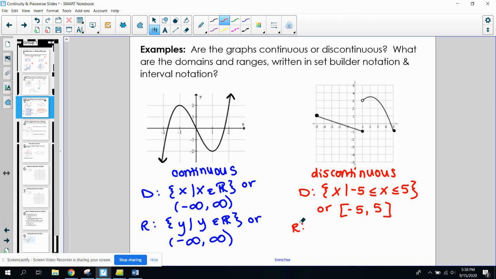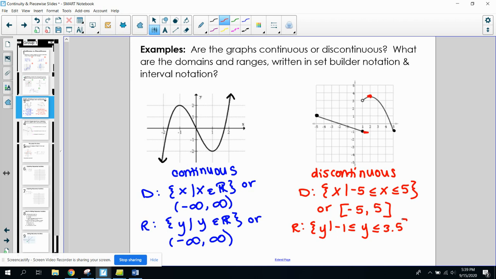For the range, we're dealing with the y values. So our lowest y value we can see right here is at -1 for y. And our highest y value is going to be about here. So that's about 3.5. So for our set notation, we'll say it's y such that -1 is less than or equal to y, which is less than or equal to 3.5.